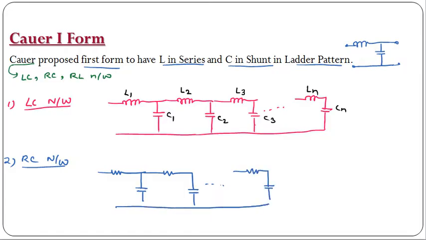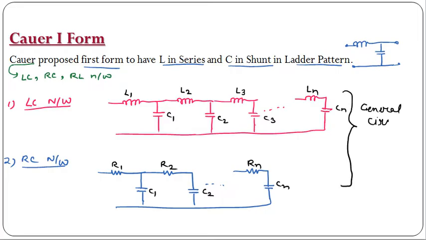The elements are R1, R2, and so on up to Rn, and capacitors C1, C2, and Cn. This is the general circuit for LC and RC networks in Cauer first form.